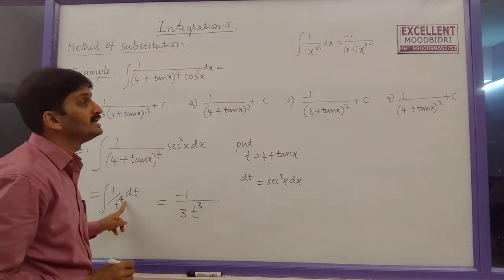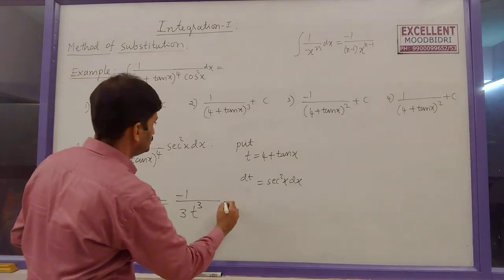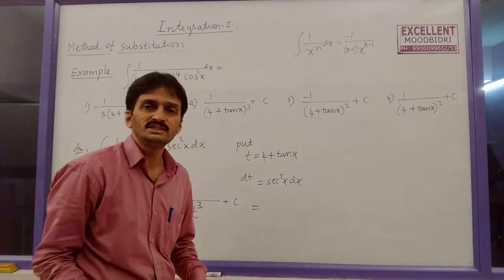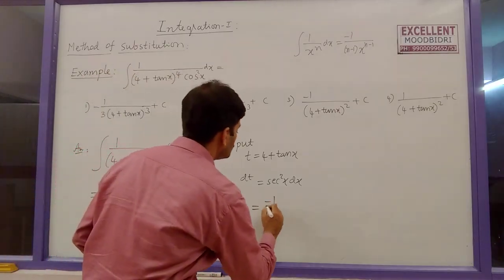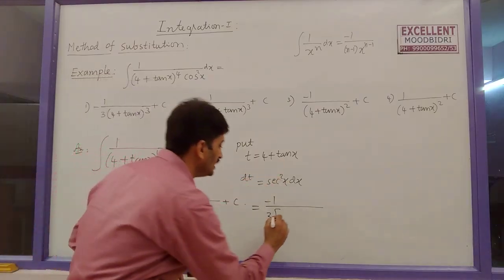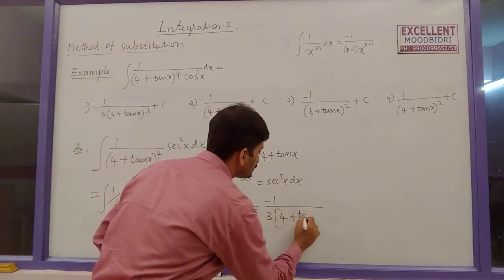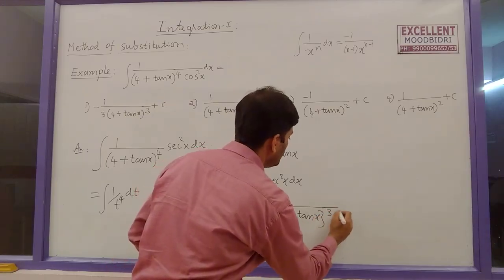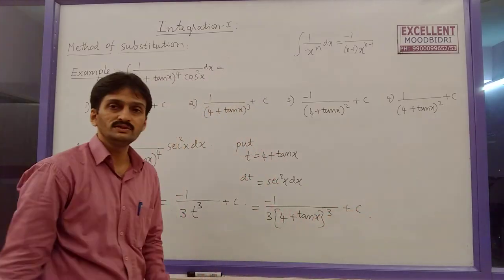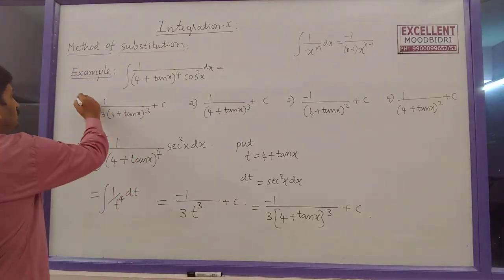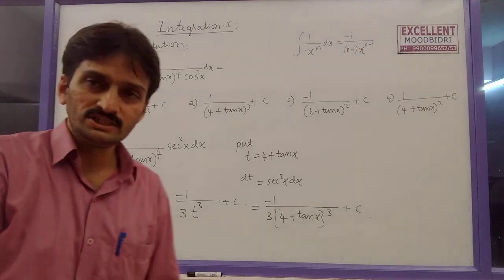T power 4 minus 1, 3 plus c. Okay? Which is equal to, now last step is substituting back t. Minus 1 by 3 into, but what is t equal to? 4 plus tan x. 4 plus tan x whole power 3 plus c. Correct? So which option? Minus 1 by 3, 4 plus tan x whole cube plus c. So first option.